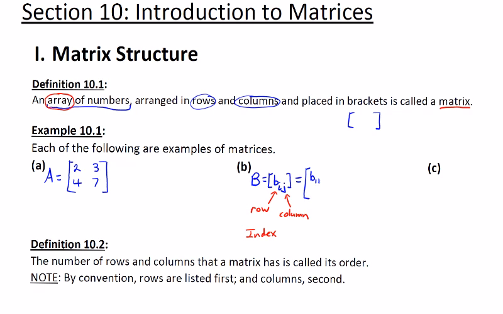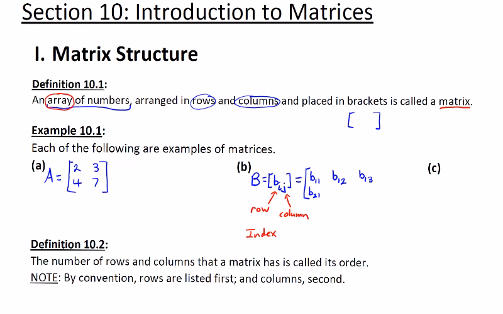Then if I go to the right, put a little space, I can put another entry, and this is still in the first row, but now I'm in the second column, which is why it's the 1, 2 entry. And I'll do one more column in this first row, and it'll be the b13 entry. Now I'll switch to the second row, first column.